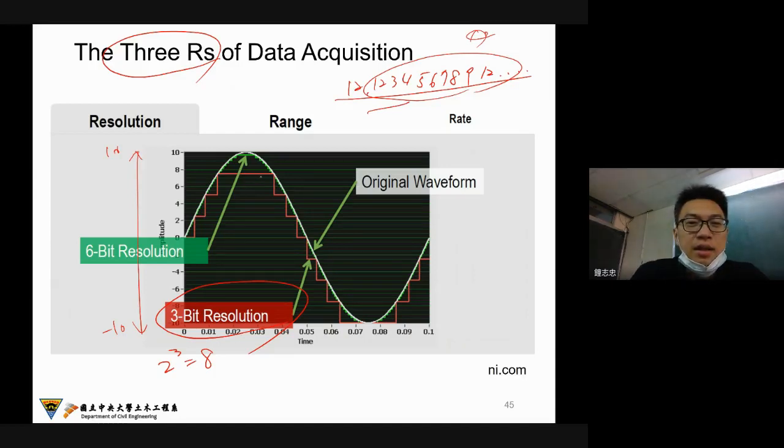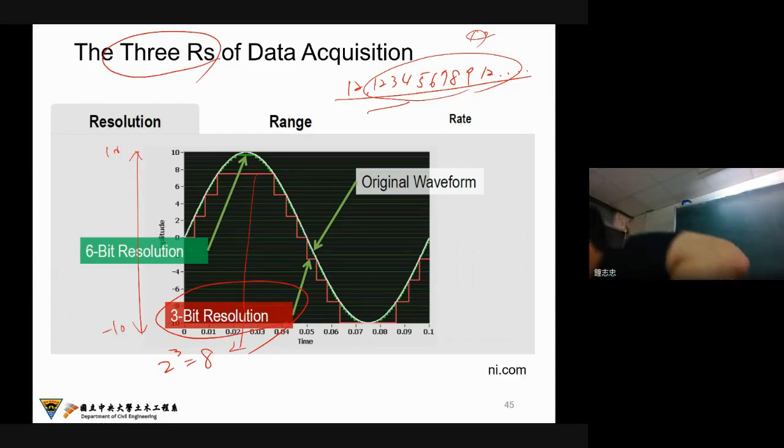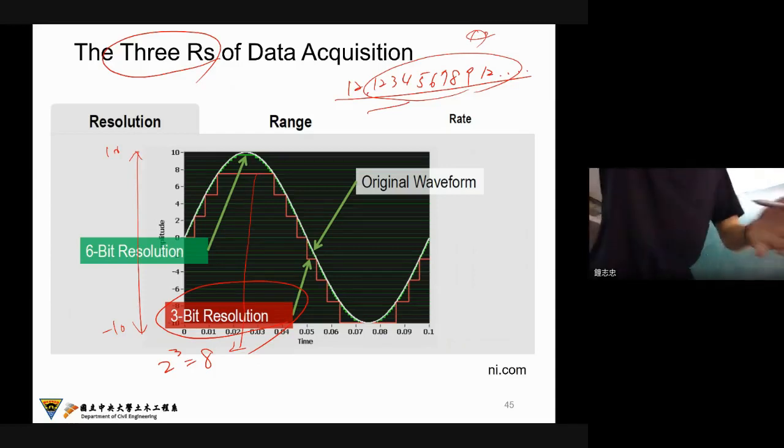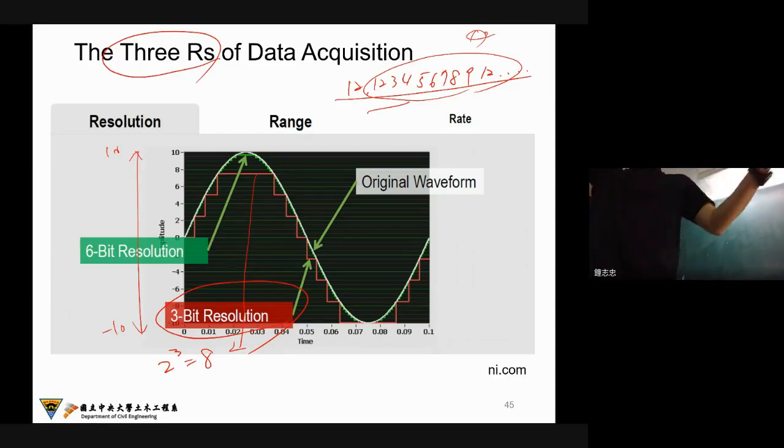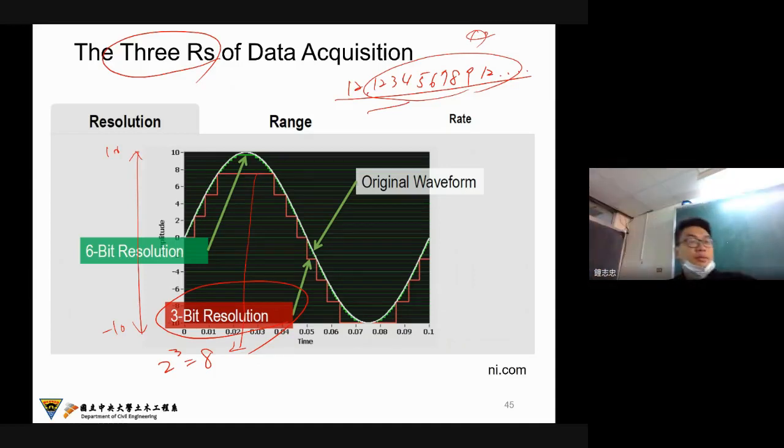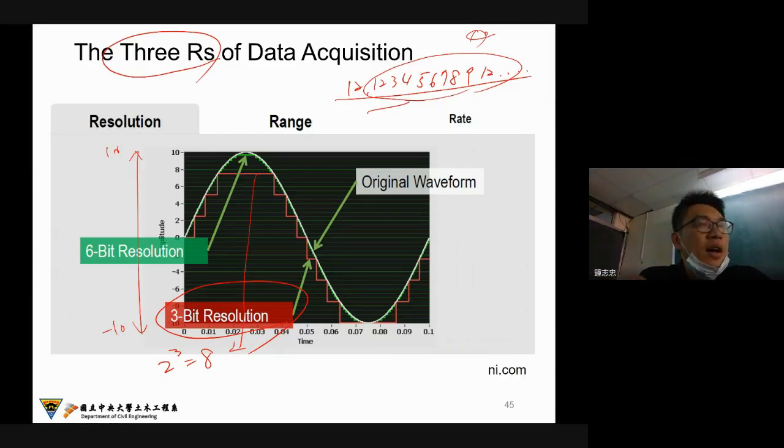In the red line, sorry, maybe not so easy to see here, we divided the range from -10 to 10 into 8 steps. I think this is a little bit ugly because only 8 steps can be used.